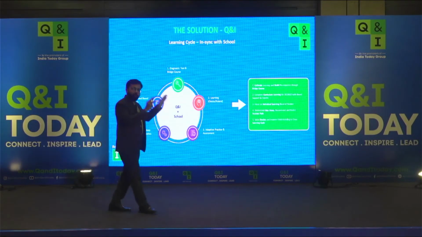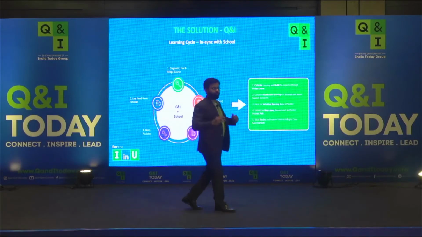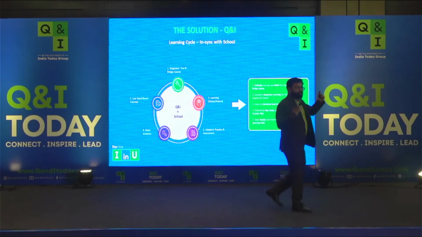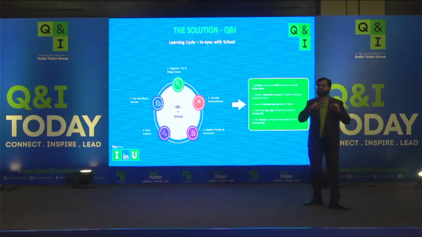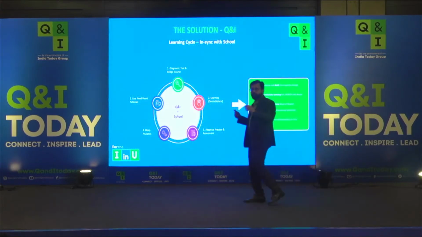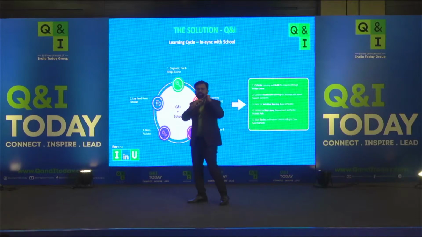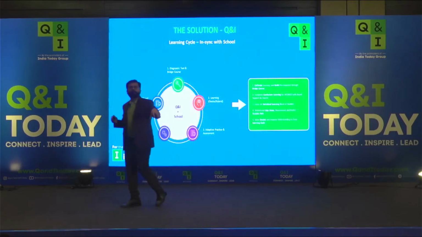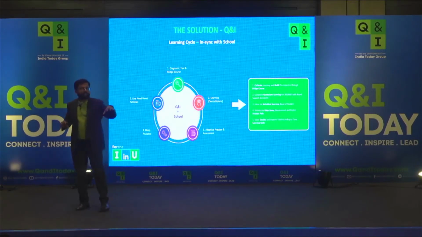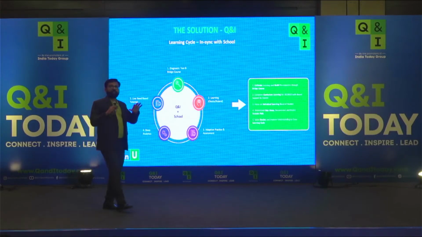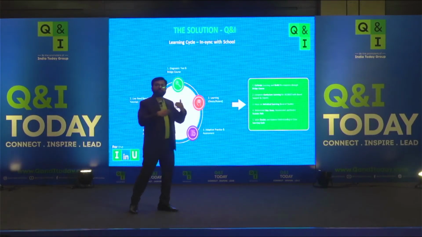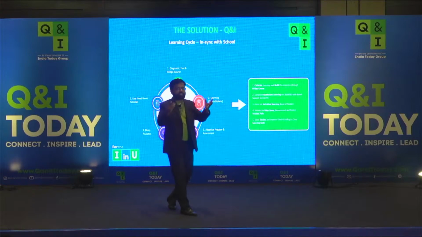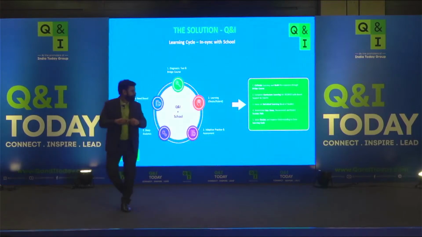The timings will always be 10 to 1 or probably 2 to 5. So the child also has to adapt to take these exams and probably optimally perform if their performance is best at that time. So with the help of the AI model that we have built in, we are able to provide that information, the feedback and then recommendations to ensure this. So these are some of the AI models that we have built in.